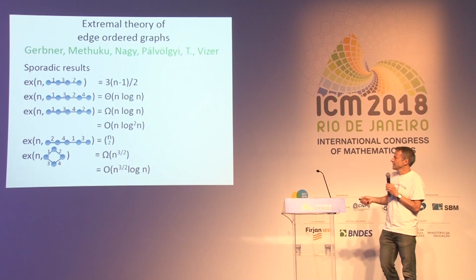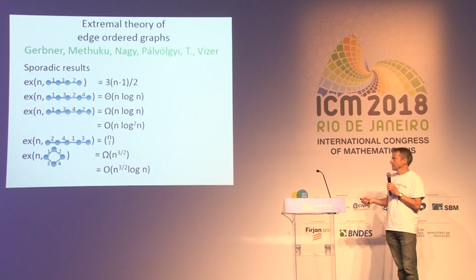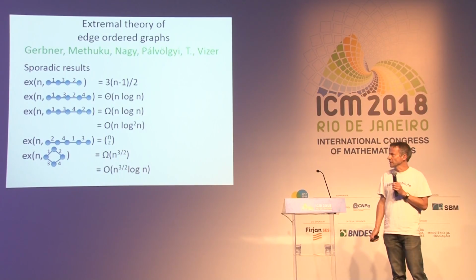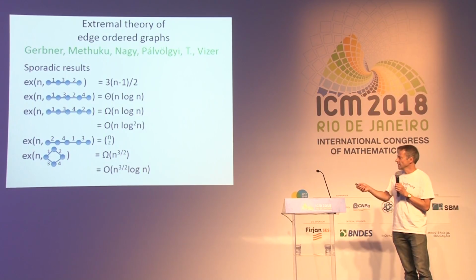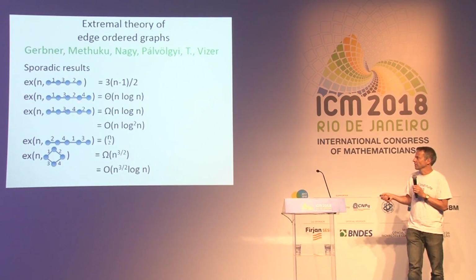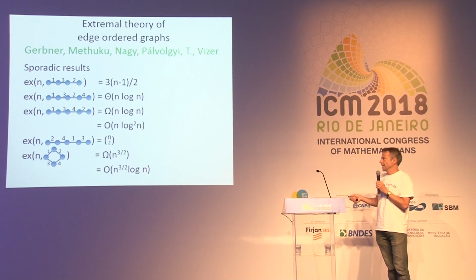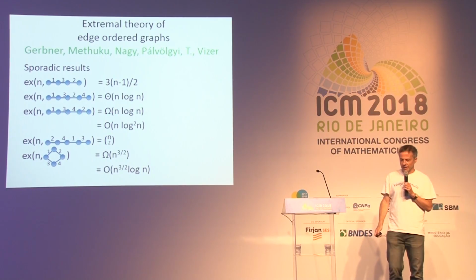For others, we know that it's constant times n log n for this particular one, and we actually know the order of magnitude for all of the edge-ordered paths of length 4, except this particular one where we can prove an n log n lower bound and an n log squared n upper bound.